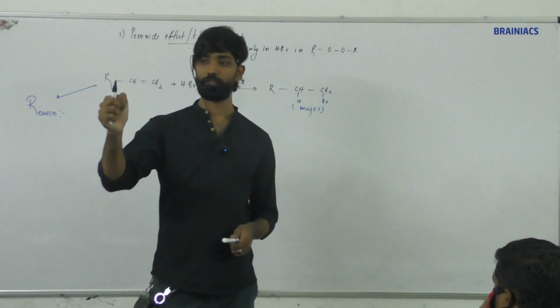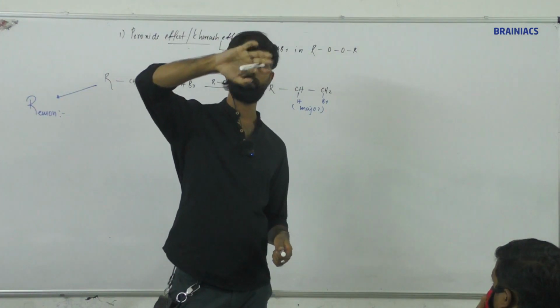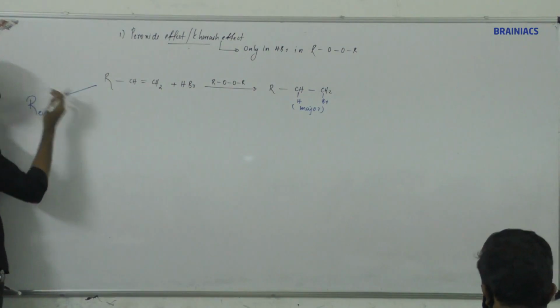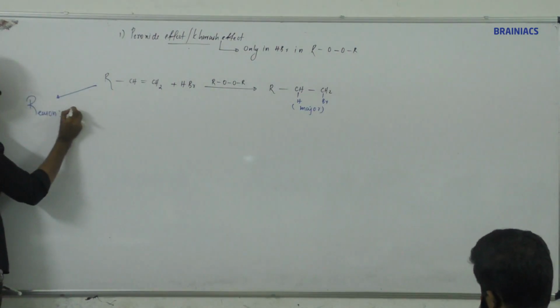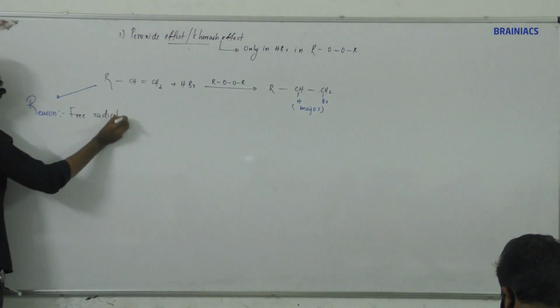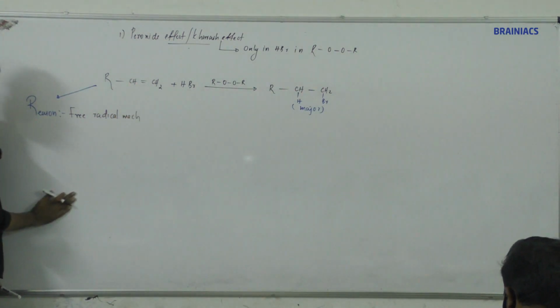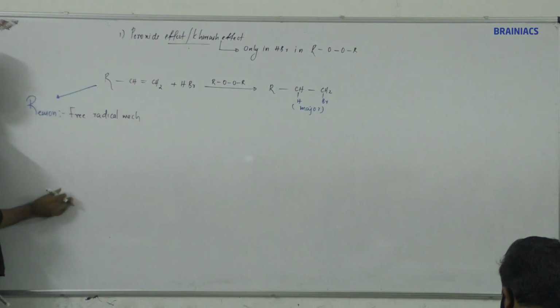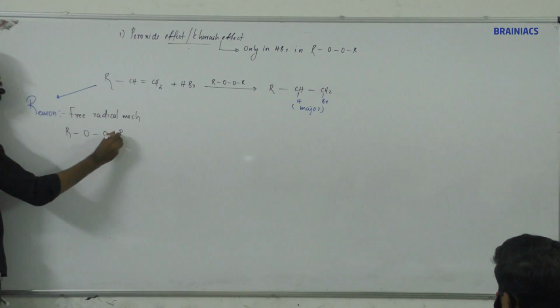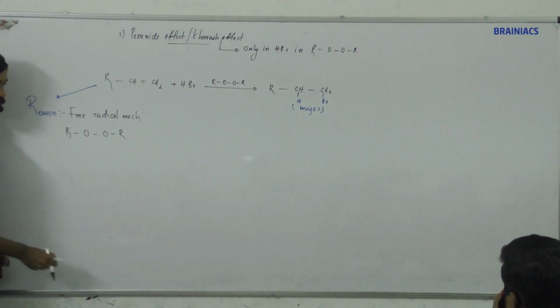First the electrophile H plus, then the rearrangement, then the nucleophile. But here in presence of peroxide the mechanism is a free radical mechanism. Radical mechanism means radical addition is observed here. Listen, let me show the mechanism, and it is given in your textbook.